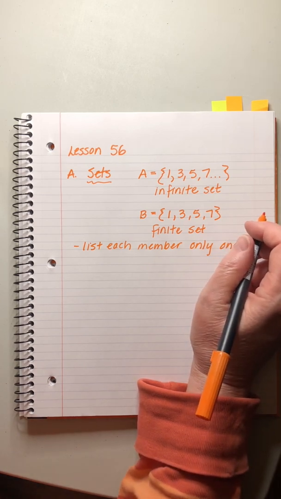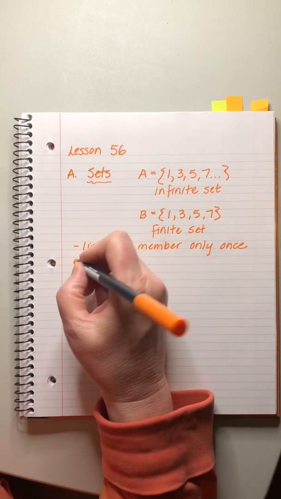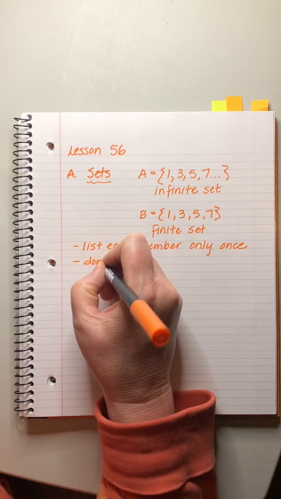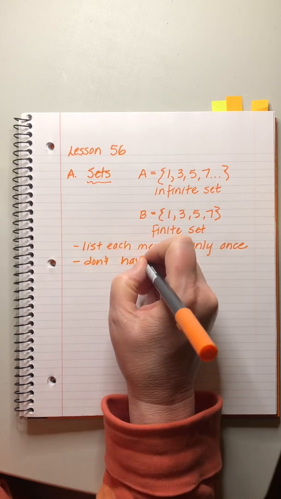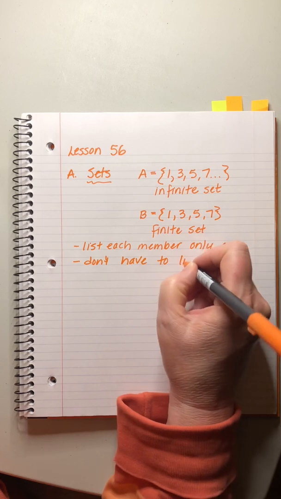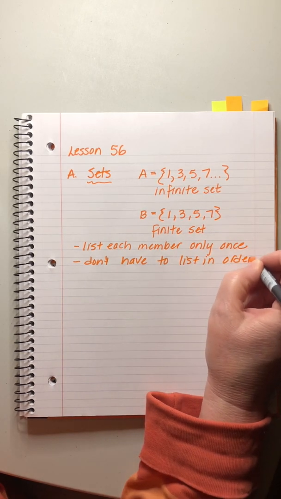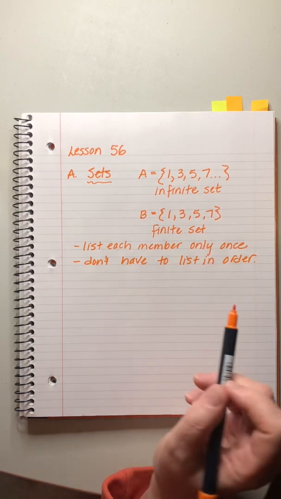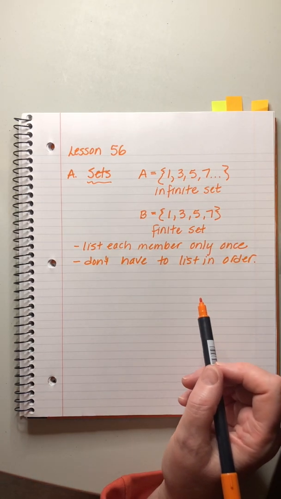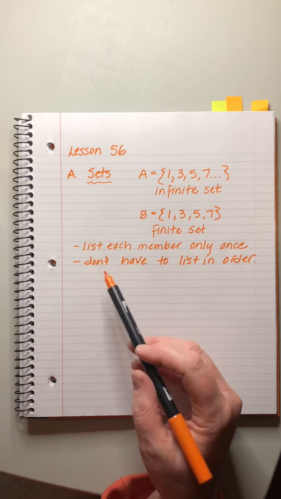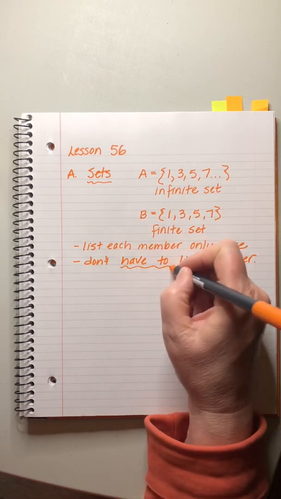And we don't have to list in order. Now, I will confess to you right off the bat, that bugs the heck out of me. I prefer to put my sets into chronological order, but the important thing is you don't have to.